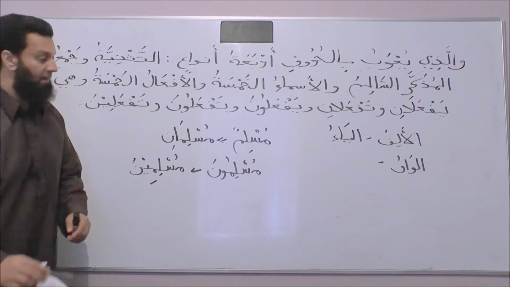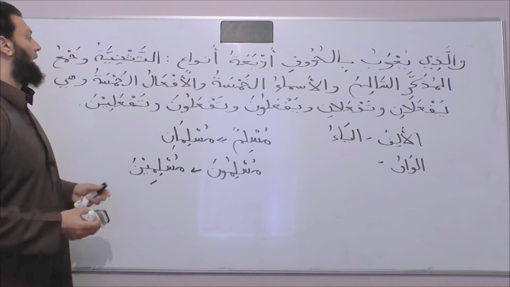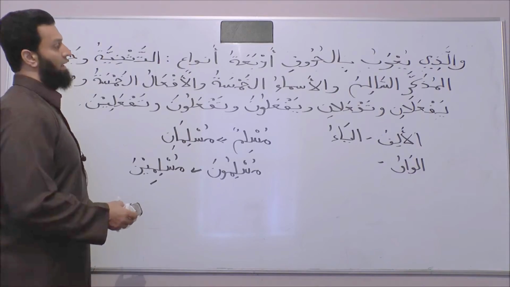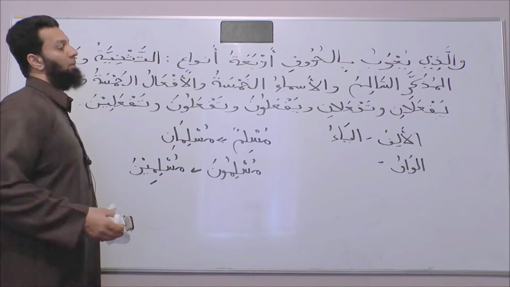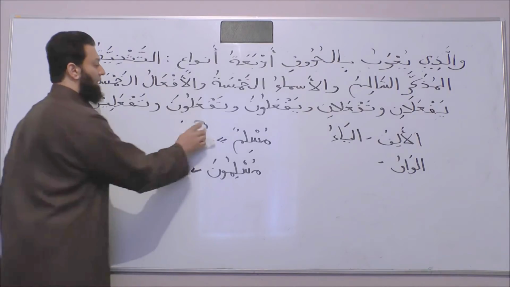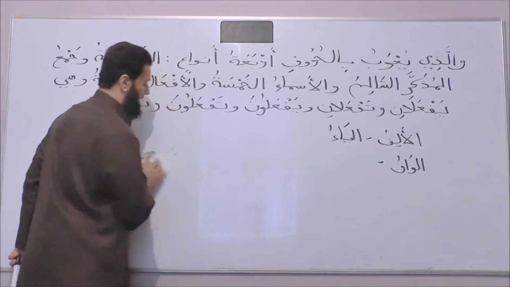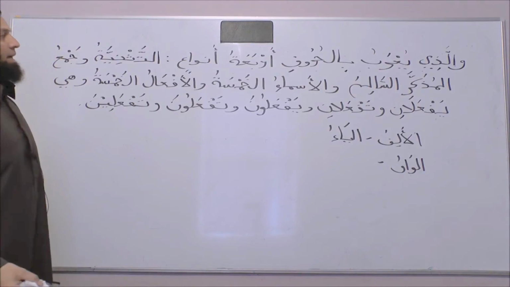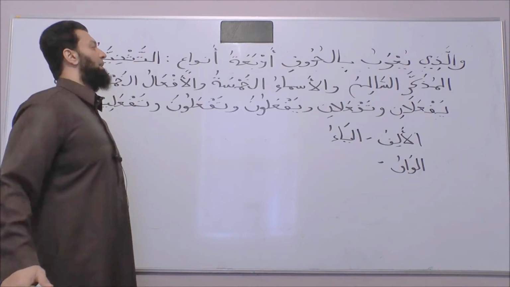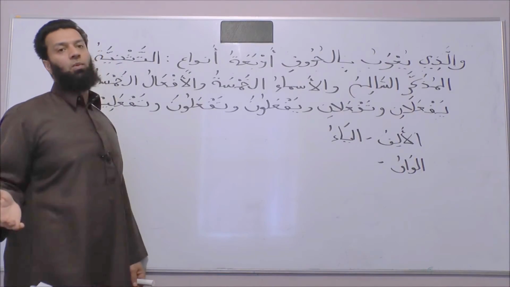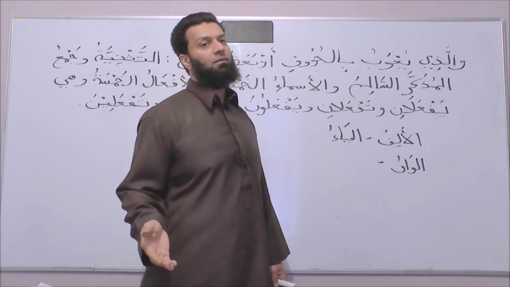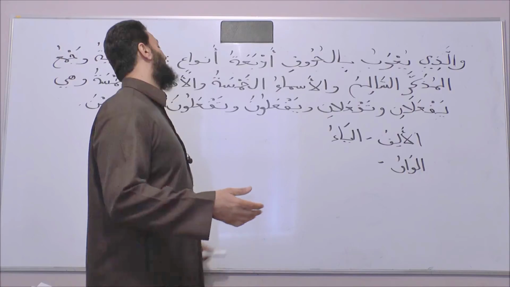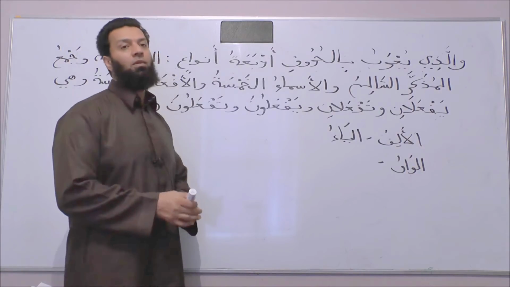So, that in brief is al-asma' jam'u al-mudhakkari as-salimu. What follows that is al-asma' al-khamsatu. What are al-asma' al-khamsatu?